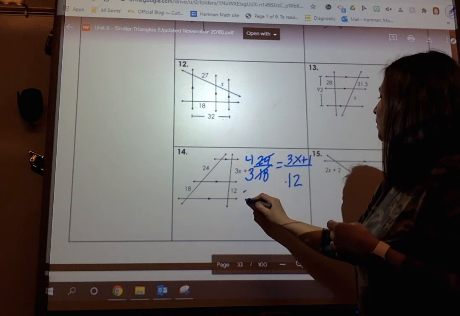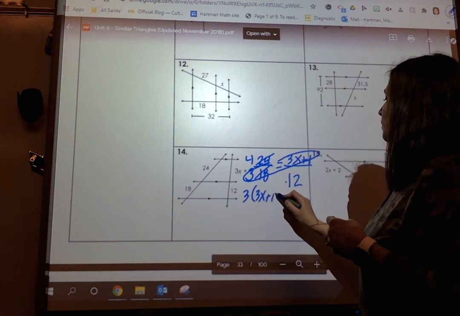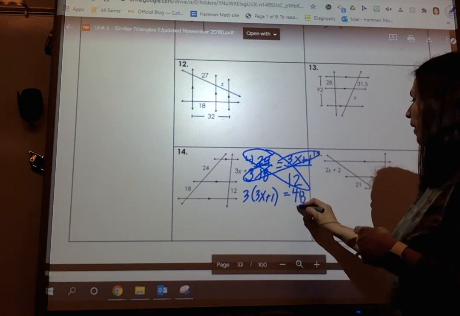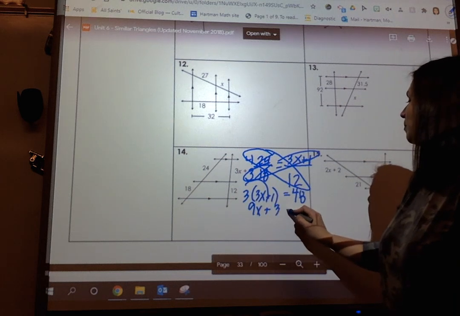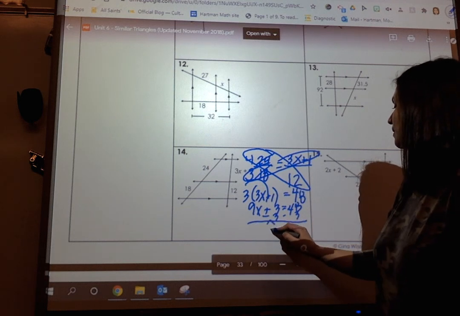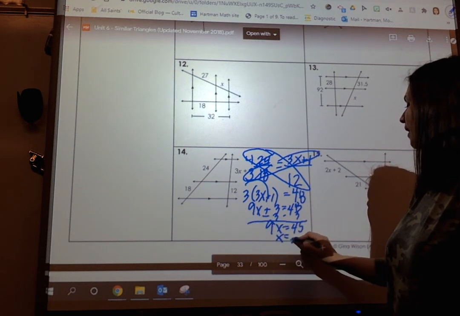Now when I cross multiply, I have 3 times 3x plus 1, and I set that equal to 4 times 12, which is 48. And here we distribute: 9x plus 3 equals 48. Subtract 3 on both sides. 9x equals 45, and when I divide by 9, x is equal to 5.